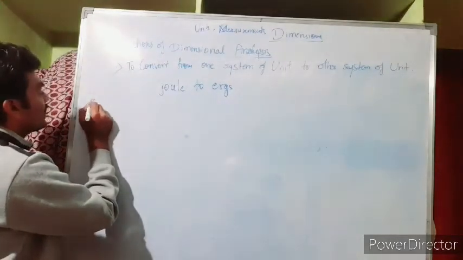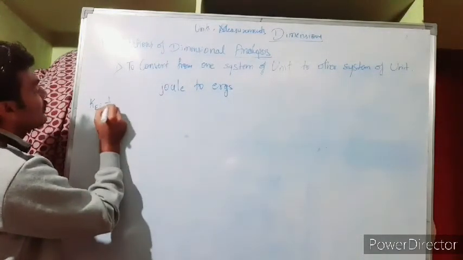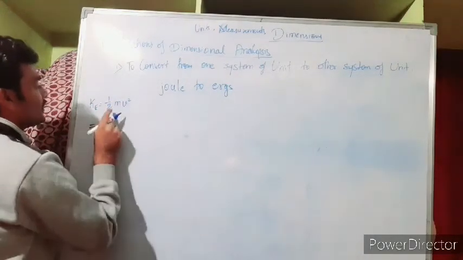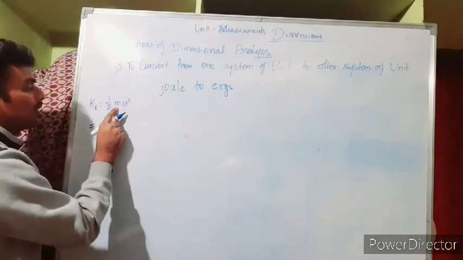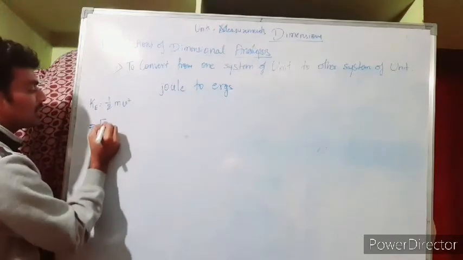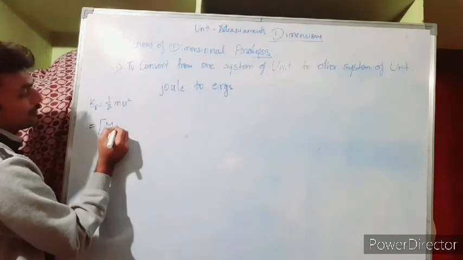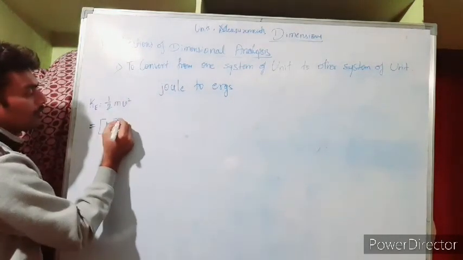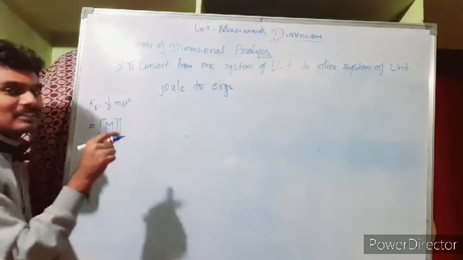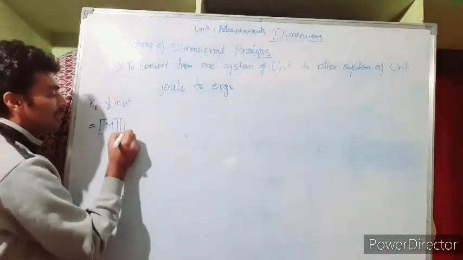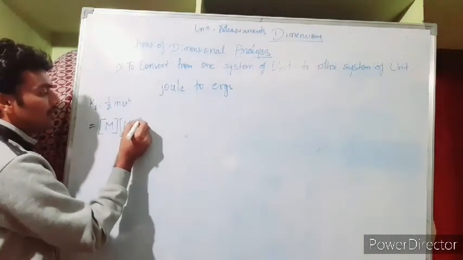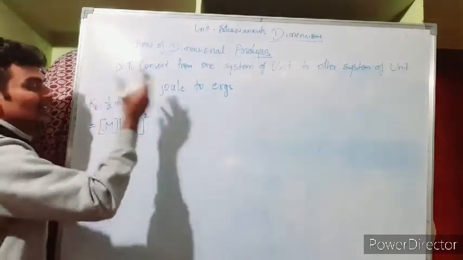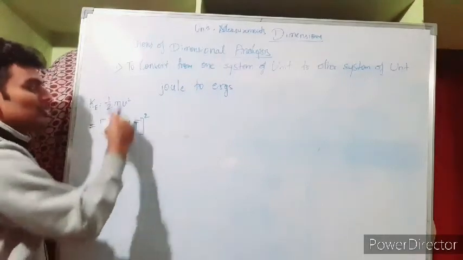So kinetic energy expression is half mv squared, right? What is m? m is mass of the object, so that will bring the dimension capital M. What is v? v is velocity. Velocity has the dimension L1 T minus 1, whole squared. Because it is v squared, I should also square the dimension of velocity.